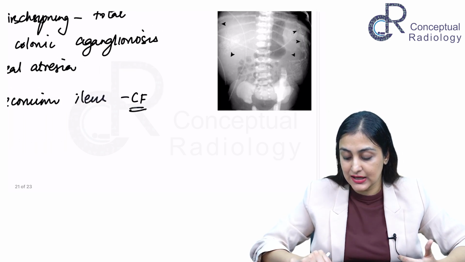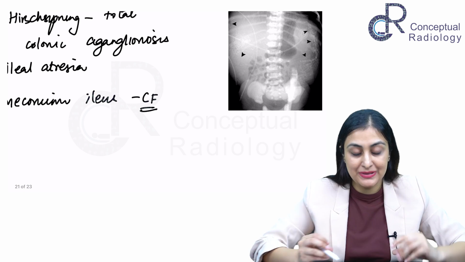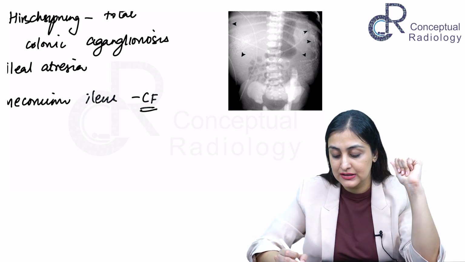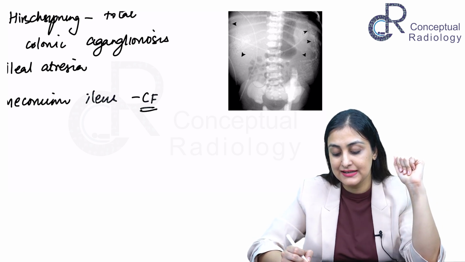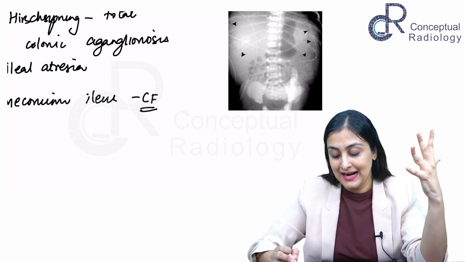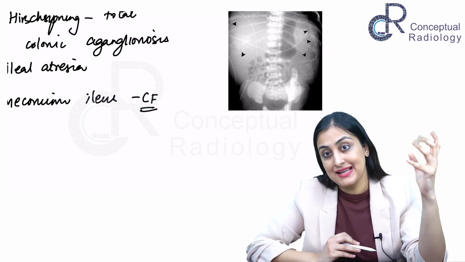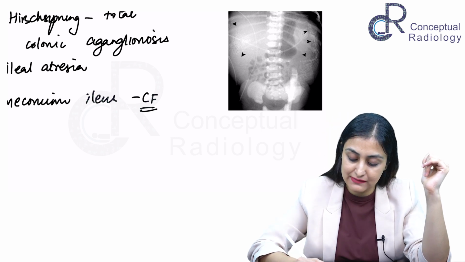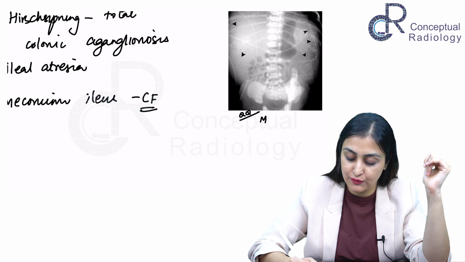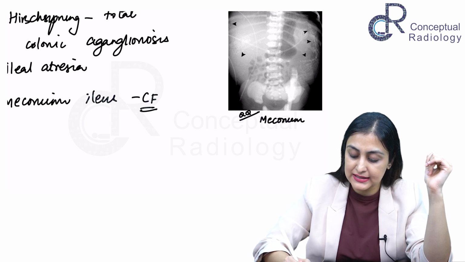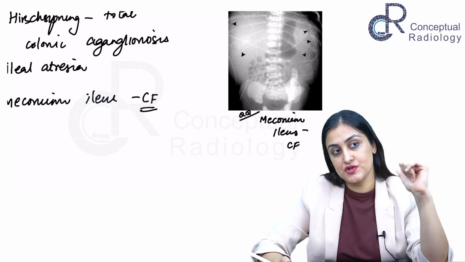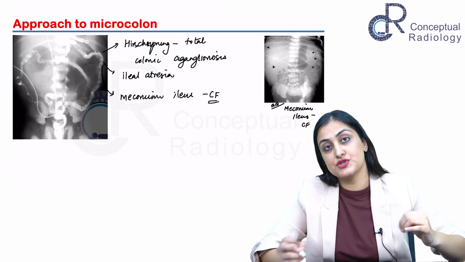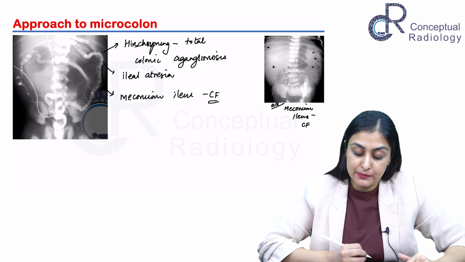Because of the meconium being inspissated and obstructing the intestine, you're going to have dilated small bowel loops, and you can also see these stippled calcifications here, which are nothing but the meconium. This is a very, very important spotter for meconium ileus, and they can ask you what you have to rule out, and you're going to say cystic fibrosis, right? So again, one of the differentials for a microcolon appearance.